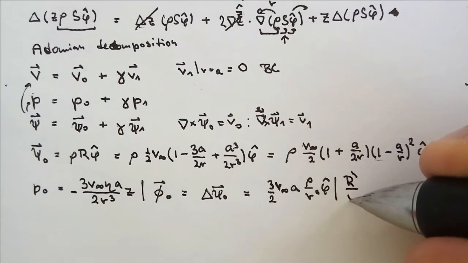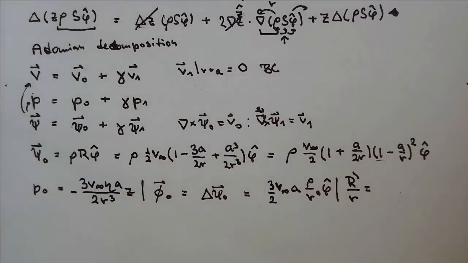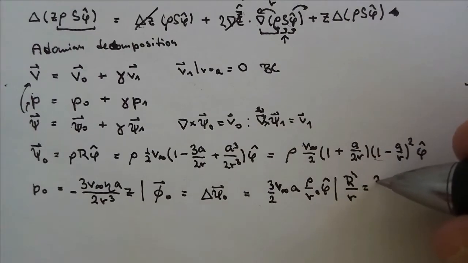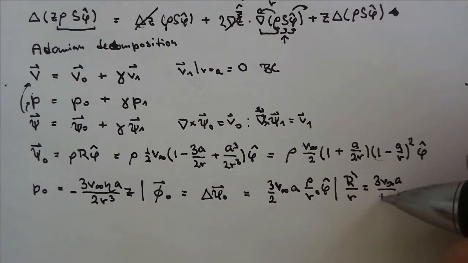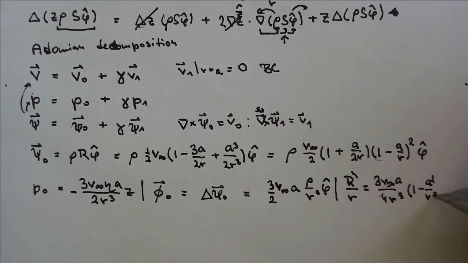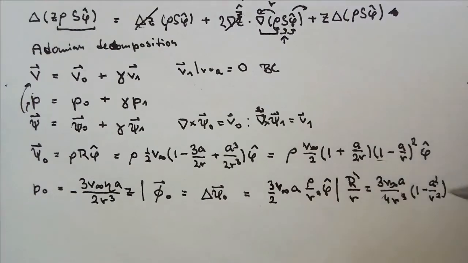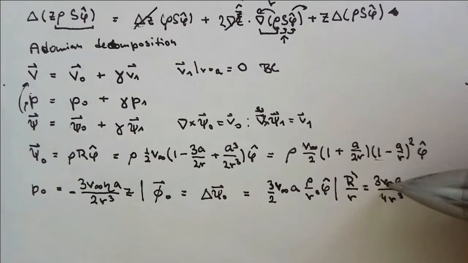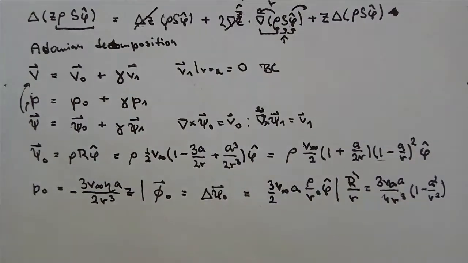It's r prime over r, and you can compute it very easily, and this is going to be 3v infinity a over 4r cubed times 1 minus a squared over r squared. This is the expression of the derivative with respect to r over r. You can check it yourself. We will need it, so I have to write it here.